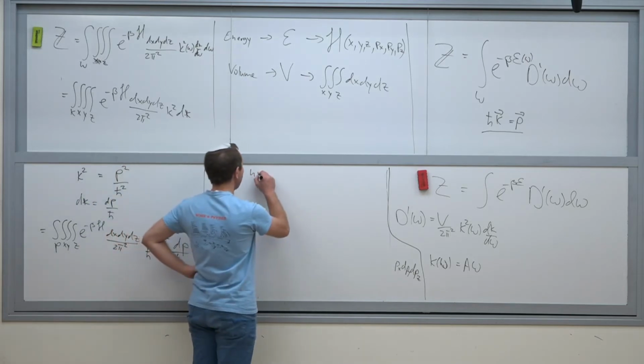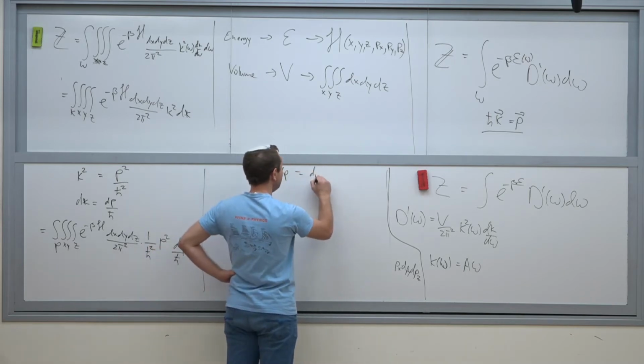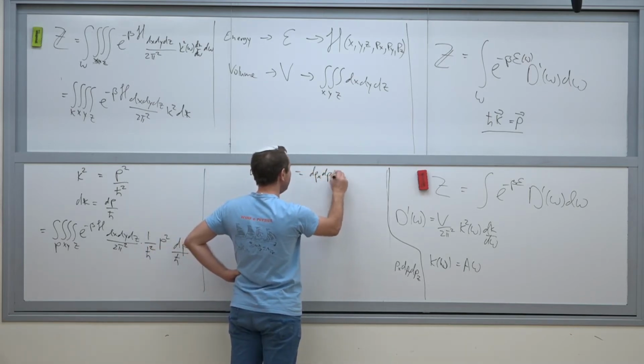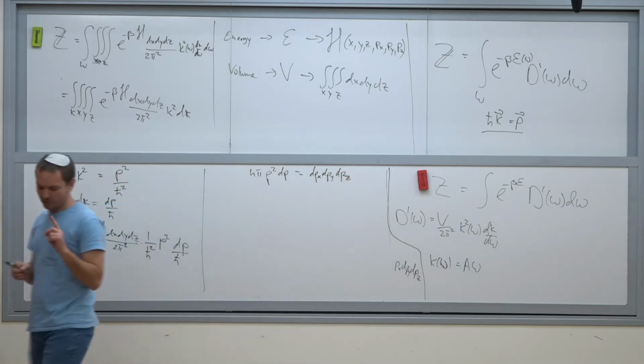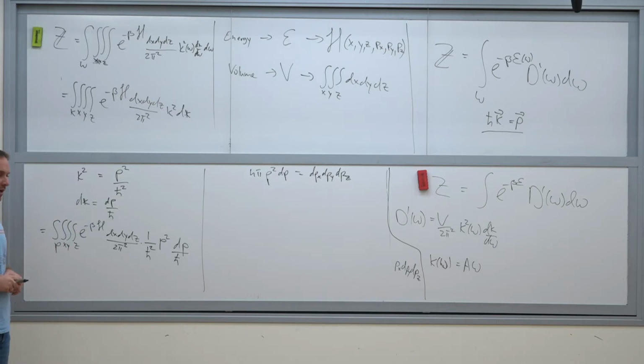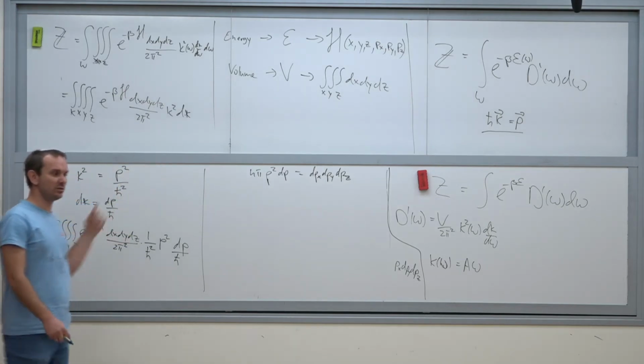So what is our 4 pi p squared dp? It should be dpx, dpy, and dpz. Okay? So we have a three-dimensional space, and we don't care about directions.